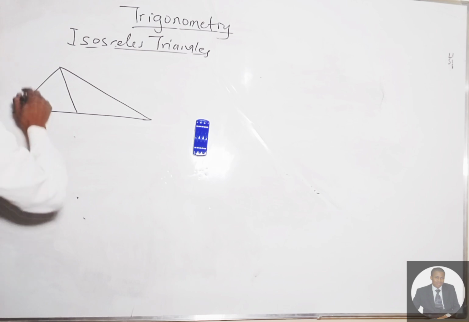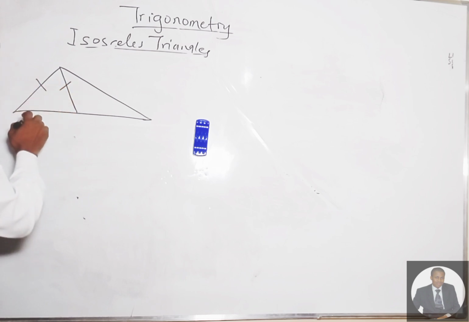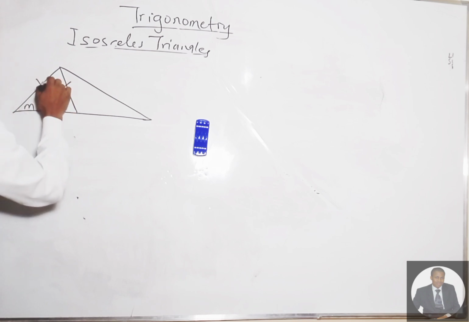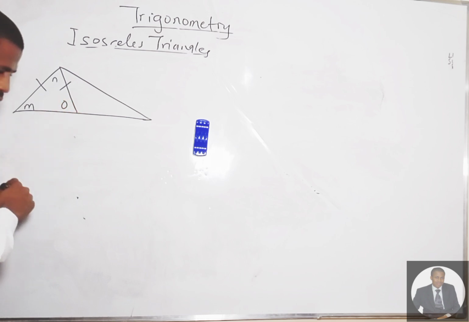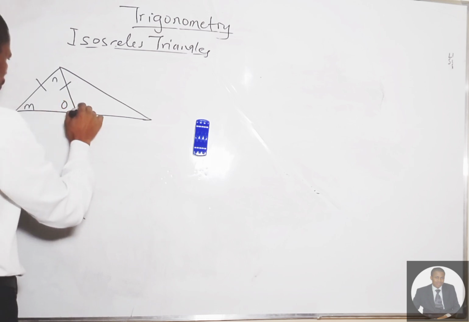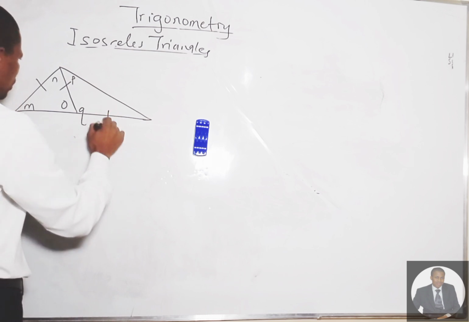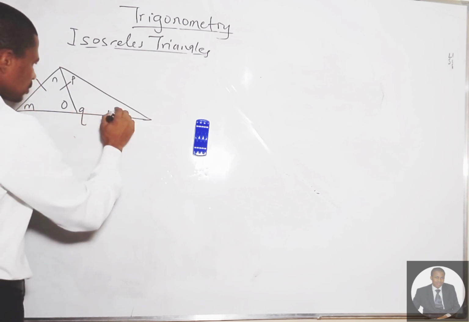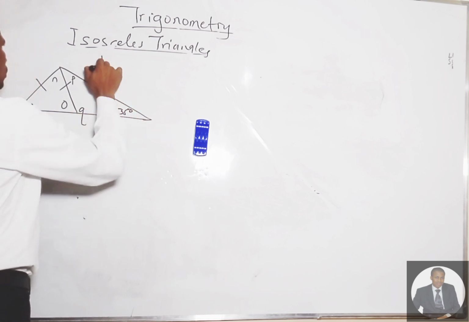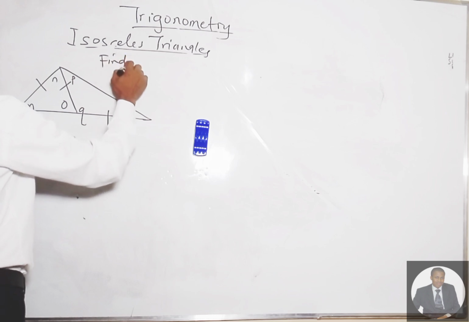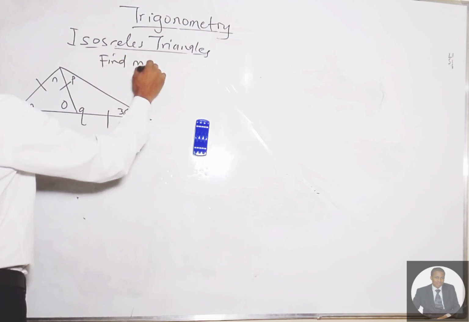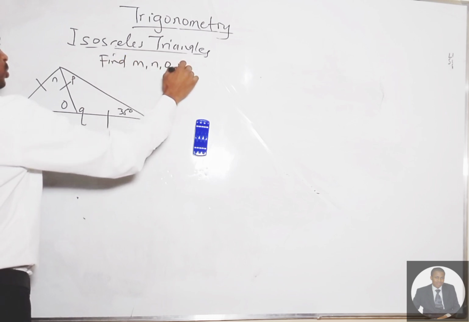M, N, O, Q, P, and this is 35. So find M, N, O, P, Q.